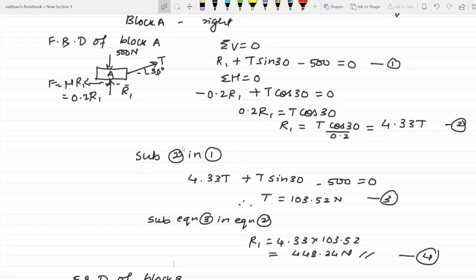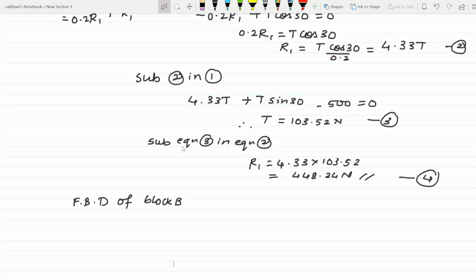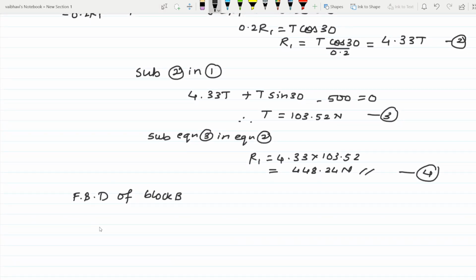In the block A free body diagram we have got the R1 and T values.